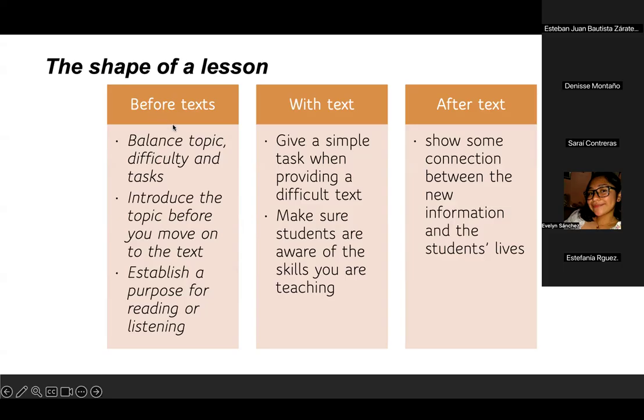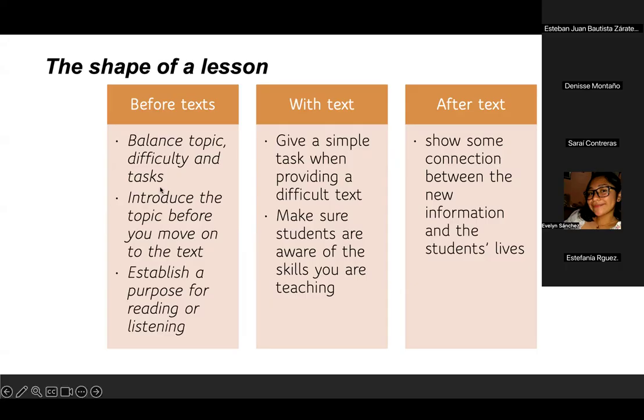Before you develop that lesson, you need to have a balance between the topic, not only the grammar topic, but also the cultural aspect of the topic you are going to include in the text, the difficulty, and the type of tasks you are going to include within the lesson or lessons.